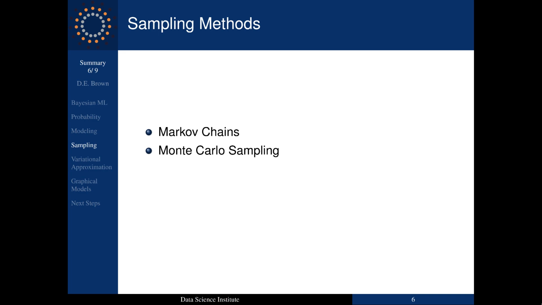And the idea then of going to Markov chains as a sampling method is something that people thought of in the 40s, and it turns out that it has applicability to Bayesian analysis, which people thought about in the 1980s. And this is where the notion of Markov chain Monte Carlo comes from. It comes from the idea that instead of doing independent sampling, we do sampling according to a Markov chain.